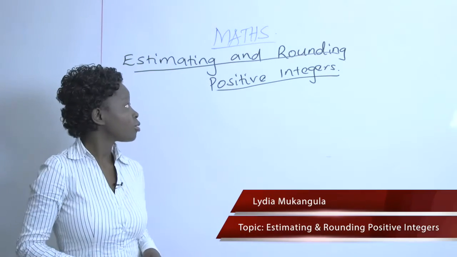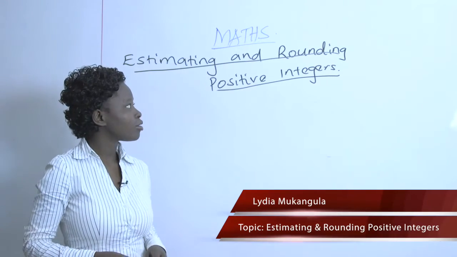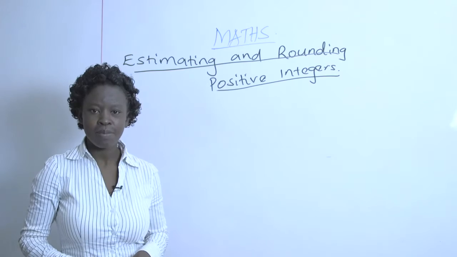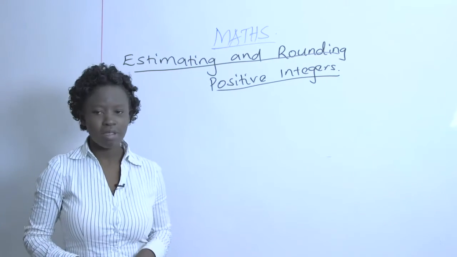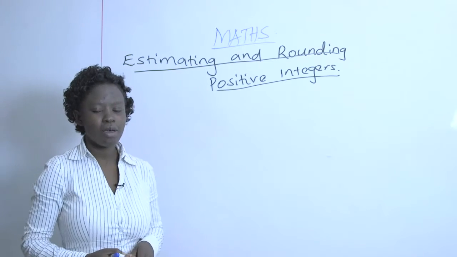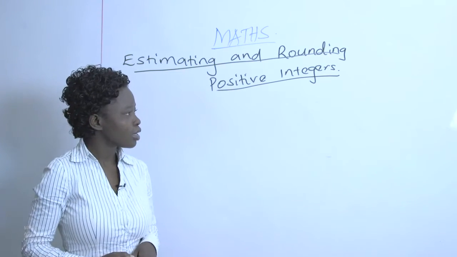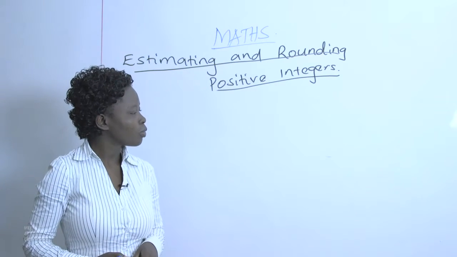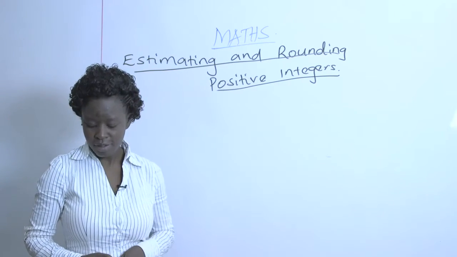Welcome to today's lesson. We are going to look at estimating and rounding positive integers. When you are asked to estimate something, you are simply being asked, in another way, to round the given figure or the given item to the nearest certain figure.